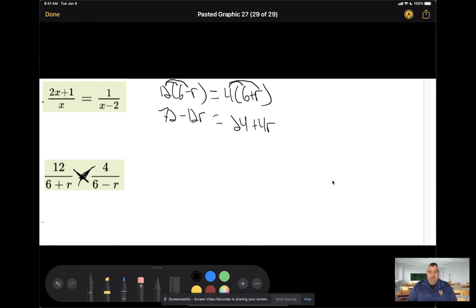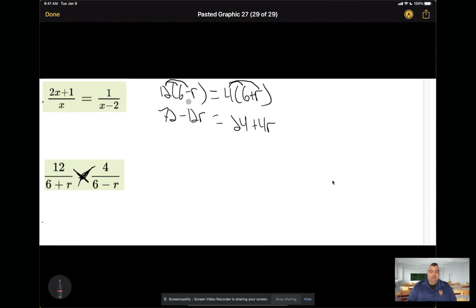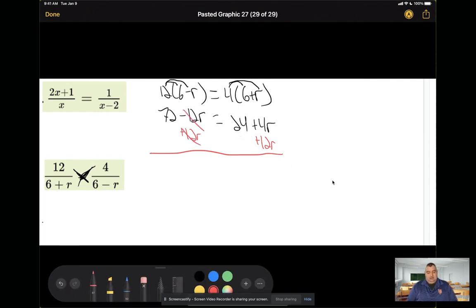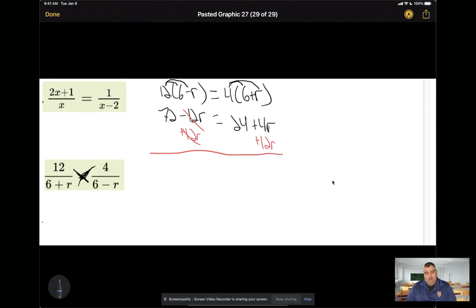So what I'm going to do to make things easier is I'm going to take this minus 12r and move this over. So I'm going to add 12r to both sides. So that will get rid of that. And then I'm going to take the 24 and move this over here.